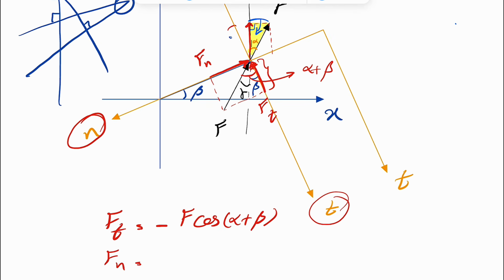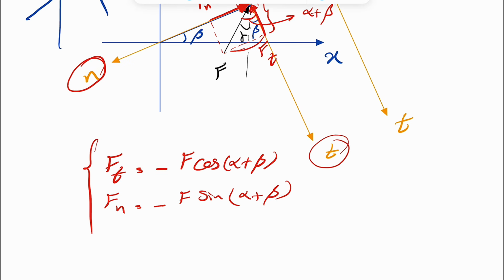And our FN is also negative because again it's in the opposite direction of n, so negative F, and it will be this side, which is the opposite to that angle, sine of alpha plus beta. So these are the two components, again two things: direction and magnitude.